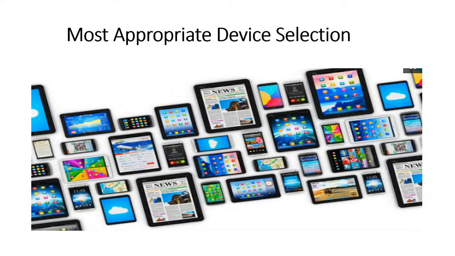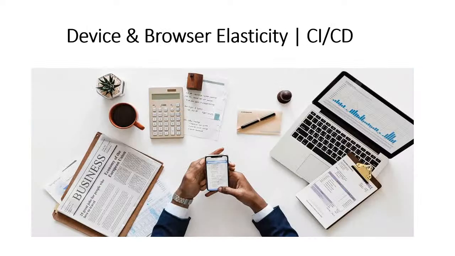Okay, then the last point is your device and browser elasticity, or we can say CI and CD. As your mobile app project grows and shrinks based on your SDLC phase, your test automation solution needs to be flexible enough to accommodate necessary changes and provide the needed support to your team, even more critical in the case of distributed teams.